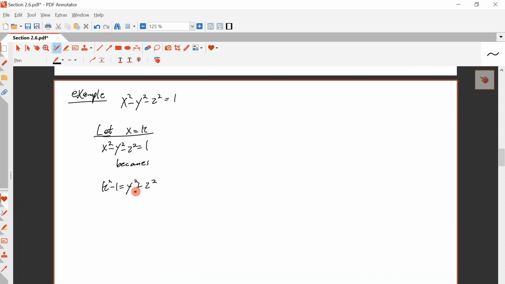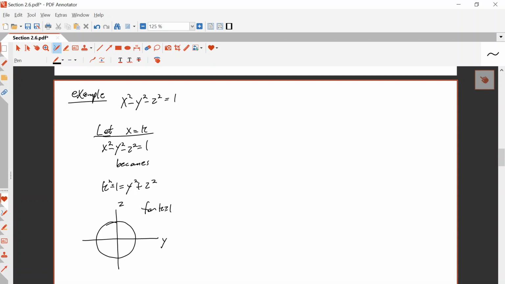So as long as k is bigger than or equal to 1, in the yz plane, I've got circles again. y squared plus z squared equals something, that's a circle centered at the origin. Okay, so I've got that.